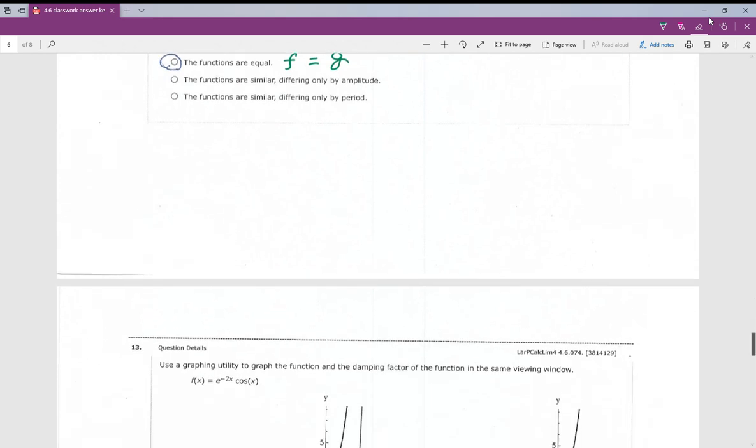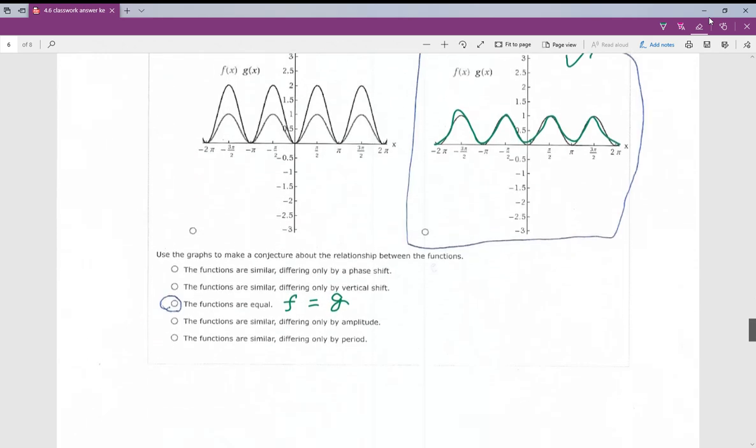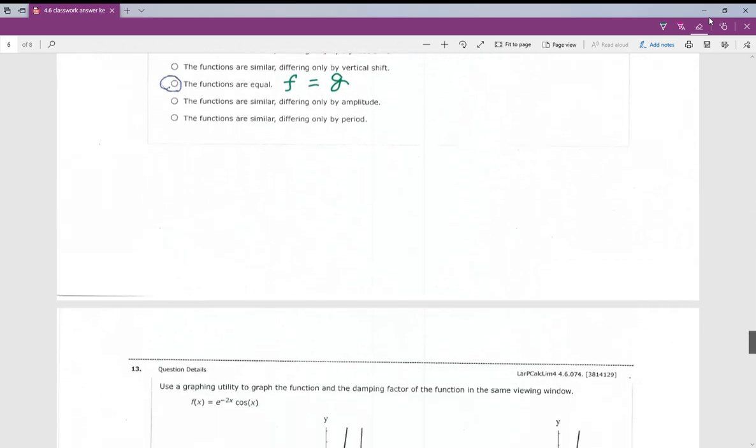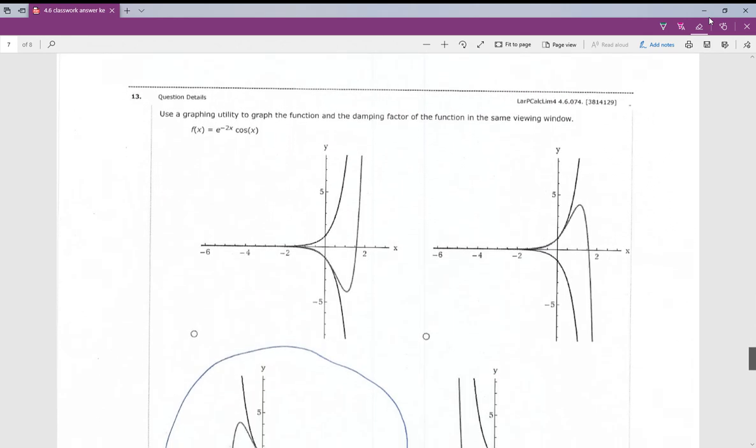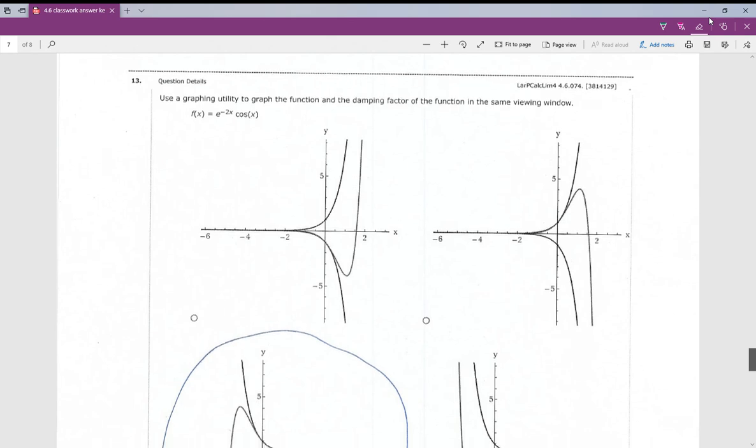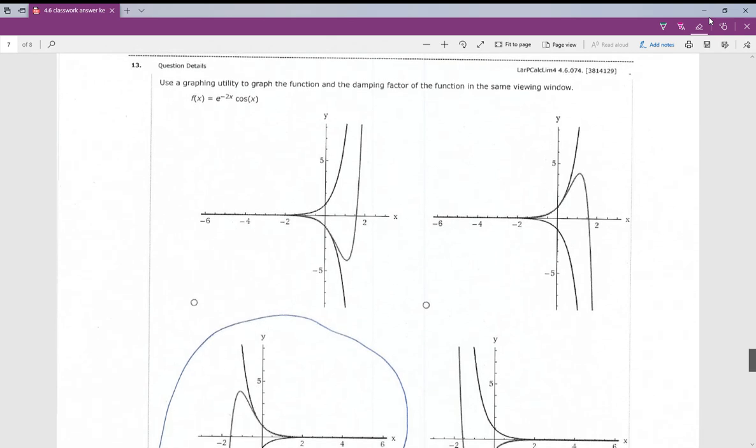Now let's try number 13. Number 13 is kind of interesting.